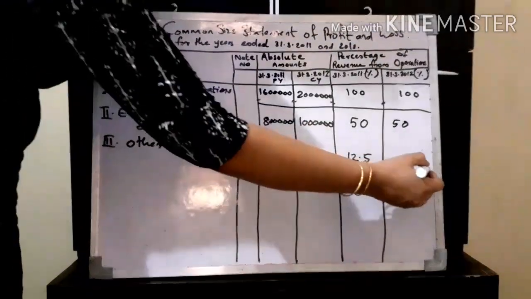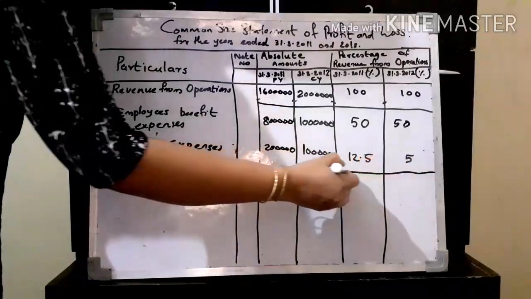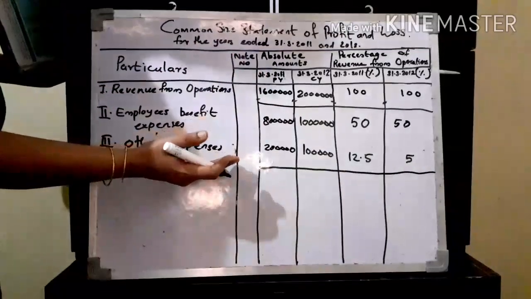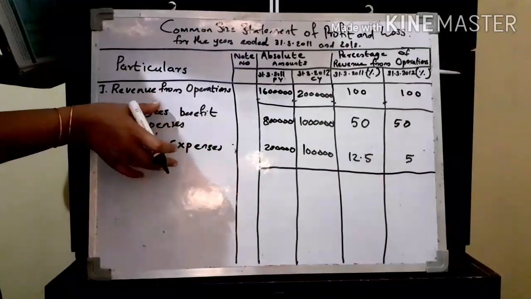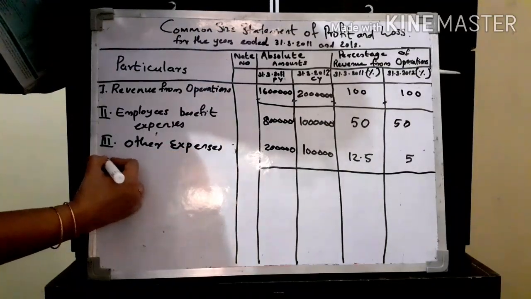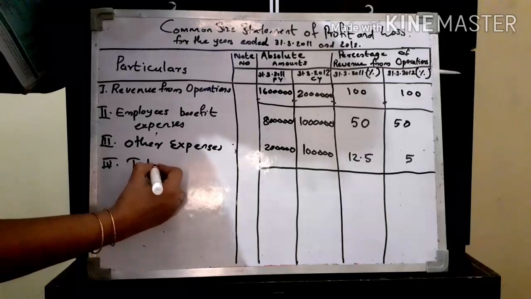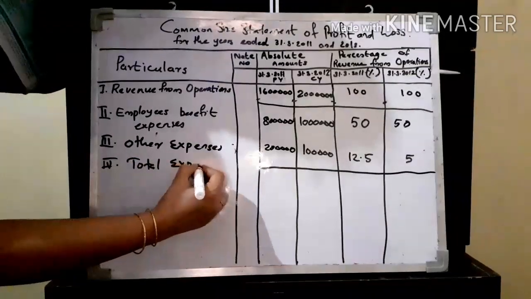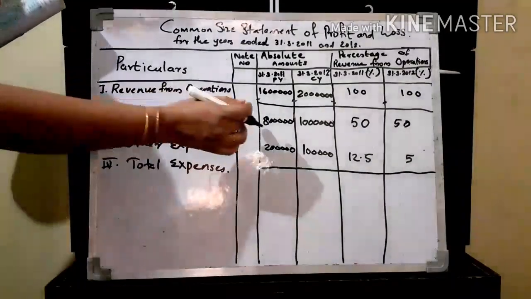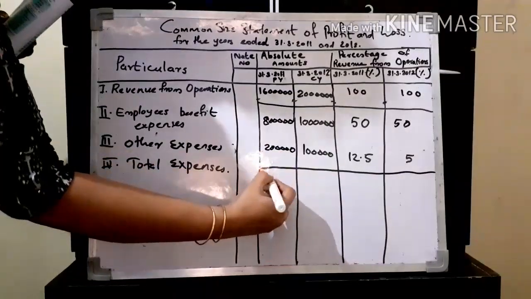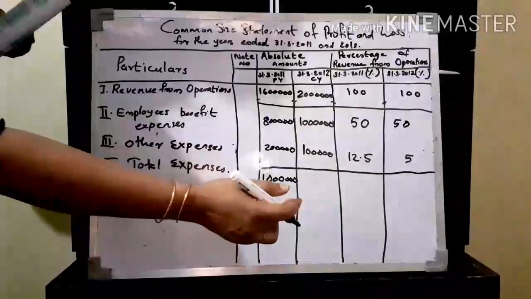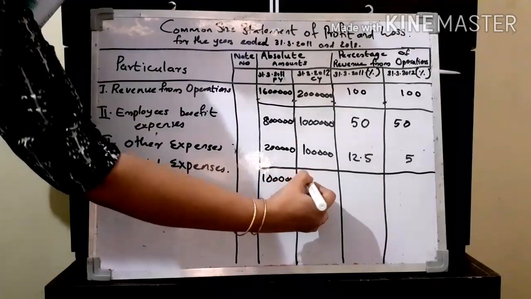Then underline this portion. The revenue part is over, and the expenses part is also over. These 2 items total we consider as total expenses: 8 lakhs plus 2 lakhs, 10 lakhs, and 10 lakhs plus 1 lakh, 11 lakhs.